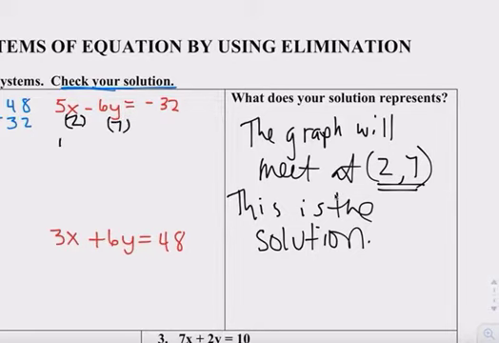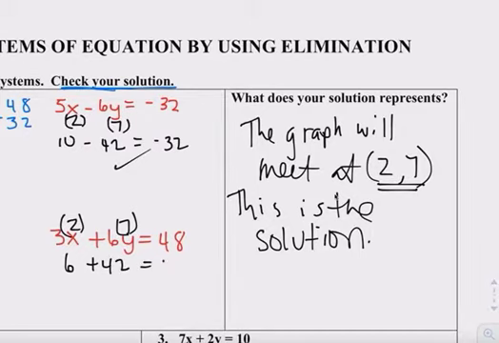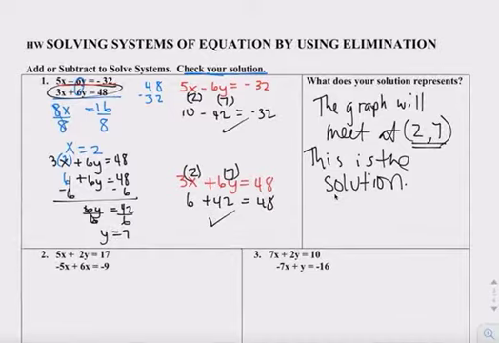That's 10 minus 42. Is that equal to negative 32? Yep, it checks out. Then 6 plus 42. Is that 48? Yep, it is. So the answer is correct.